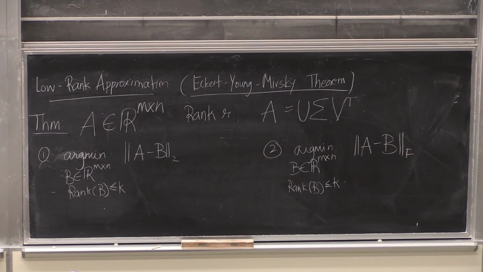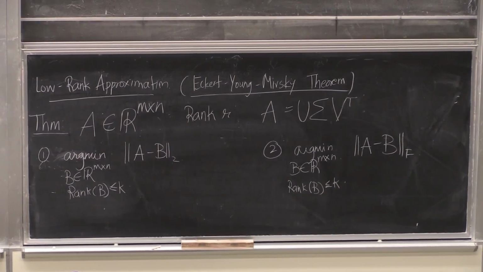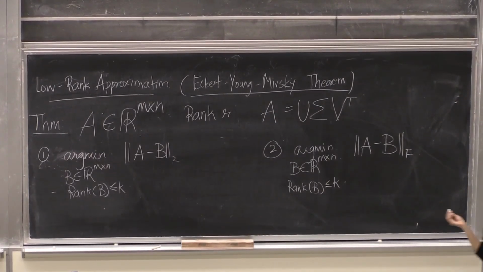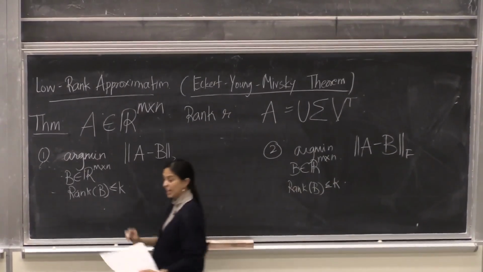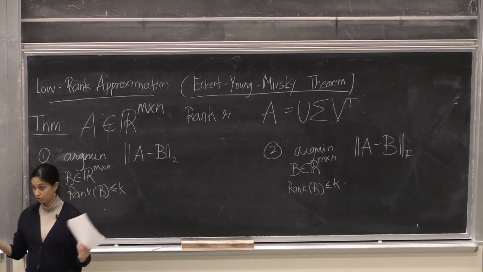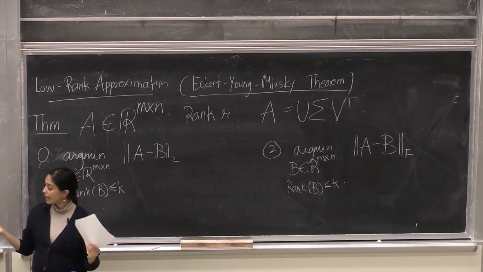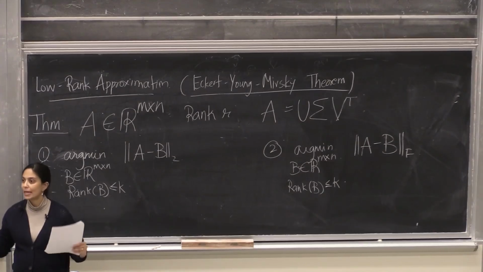So we're looking at the difference between A and B from 2 different perspectives. One is looking at the residual, or the difference between how A and B operate on a vector. The other is looking at how A and B look different as chunks of data. These are the 2 different kinds of comparisons we're trying to do between A and B. Does that make sense to everyone? Turns out, by sheer crazy magic, which does not usually happen in real life, the answer to both of these optimization problems is exactly the same.